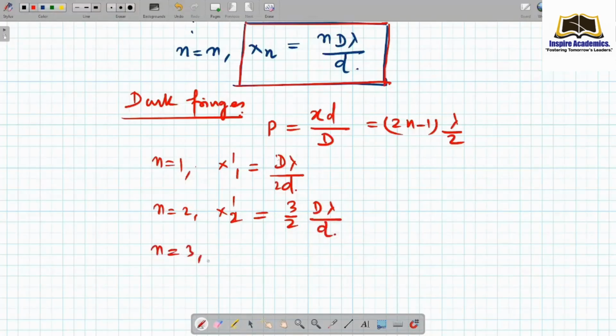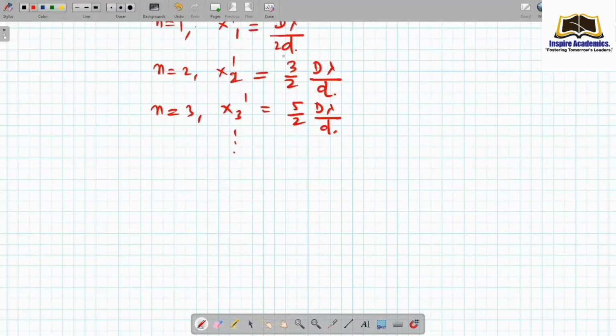N is equal to 3, x3 dash would be 5 upon 2 capital D lambda by small d. And similarly x dash n would be 2n minus 1 capital D lambda upon 2 small d.